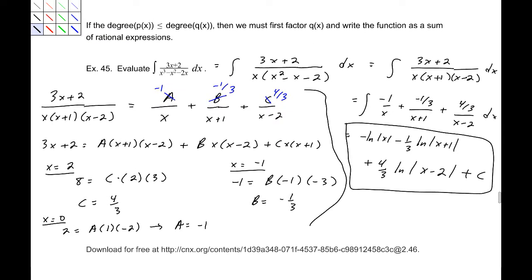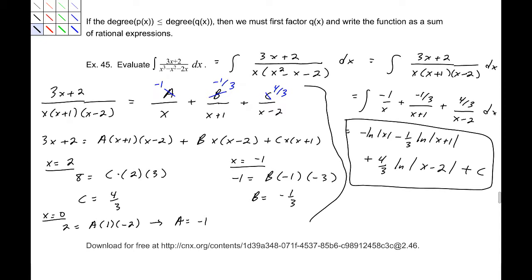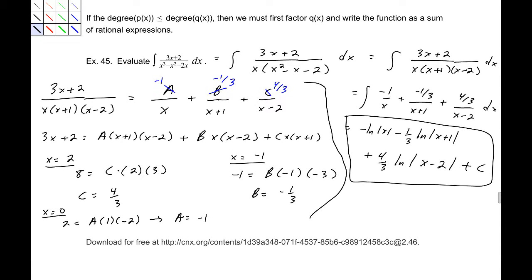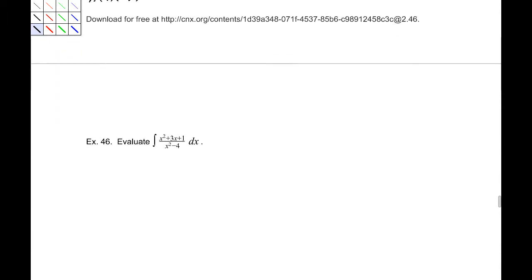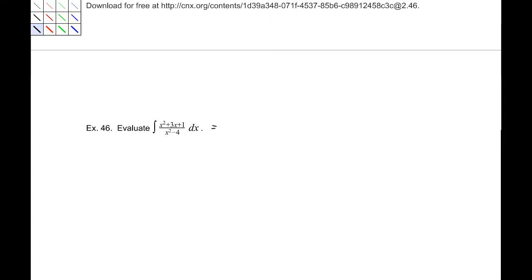Okay, take a good long look at that and make sure you understand what is going on here. And then let's go ahead and look at number 46. Again, we'll want to factor our denominator, so this is going to be equal to the integral x squared plus 3x plus 1 over x plus 2, x minus 2 dx.